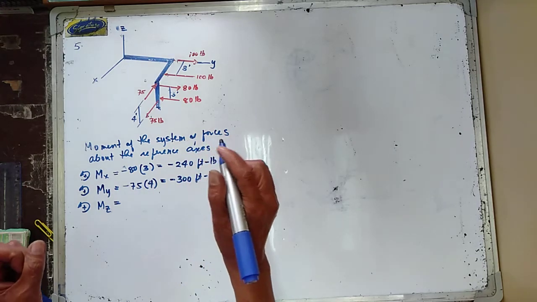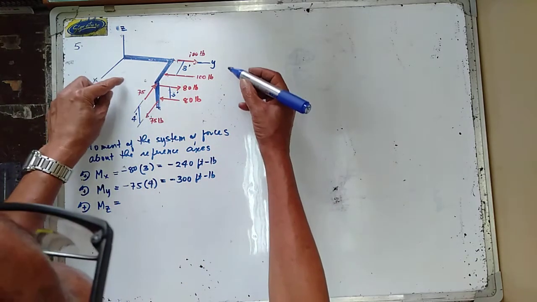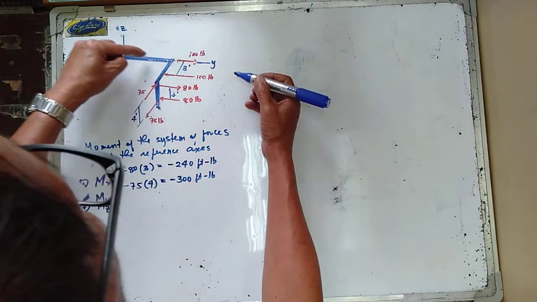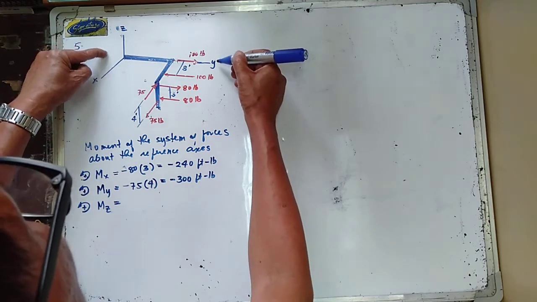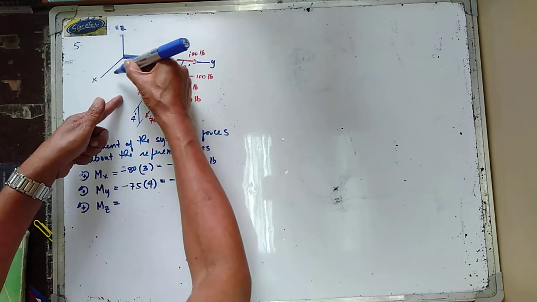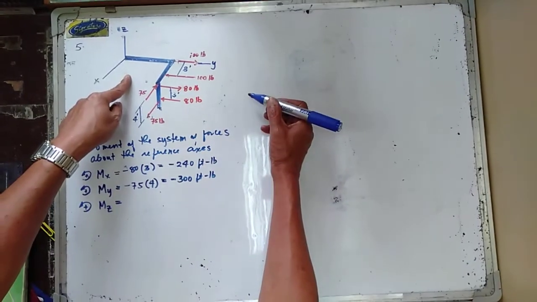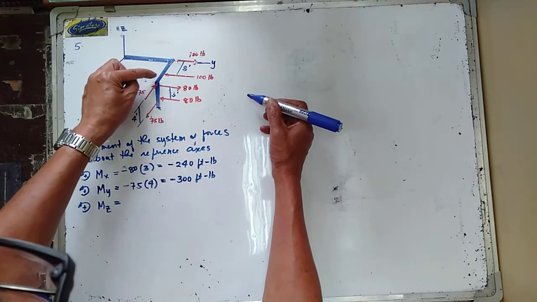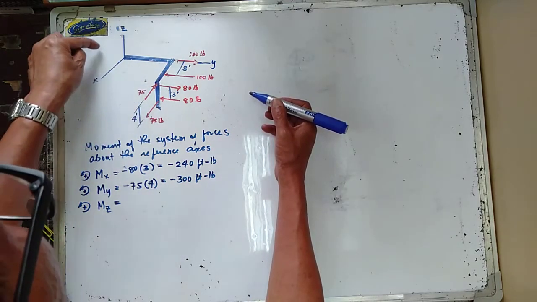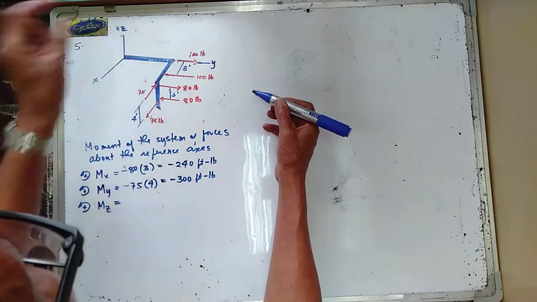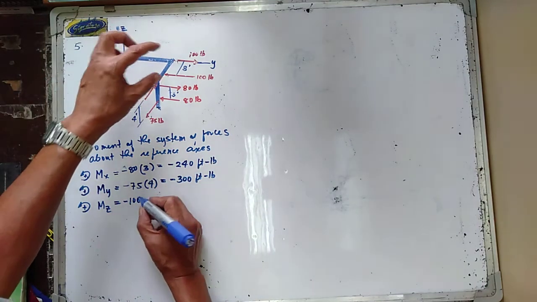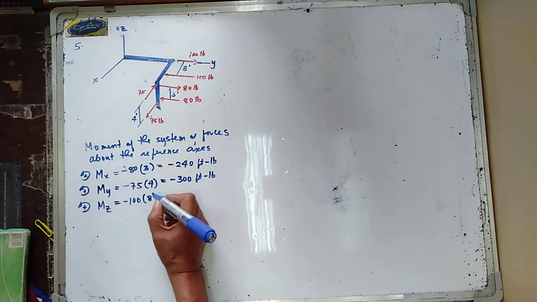Your 100 pounds in here will intersect the y-axis, and similarly this will intersect the z. This has moment going clockwise, so we have negative 100, multiplied by 8.